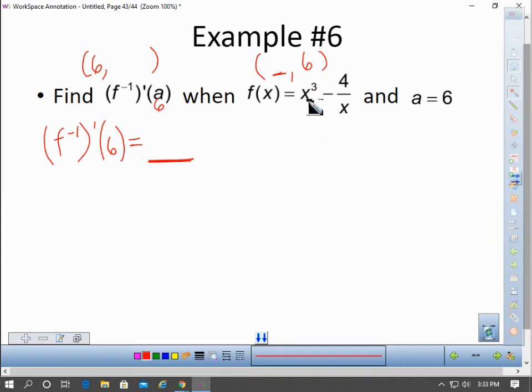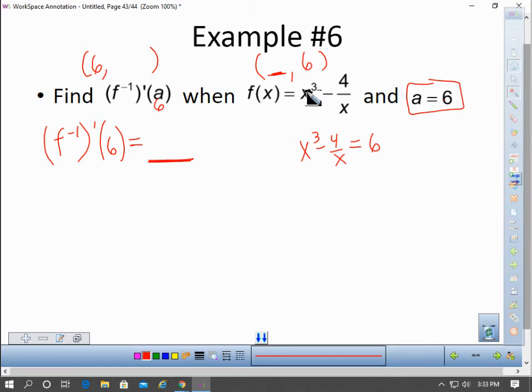We're going to set this equal to 6. So x cubed minus 4 over x has to equal 6. This is the x coordinate for the inverse, so it's the y coordinate for my function f. It's a y value, so I need to find my x coordinate that gives me the answer 6.